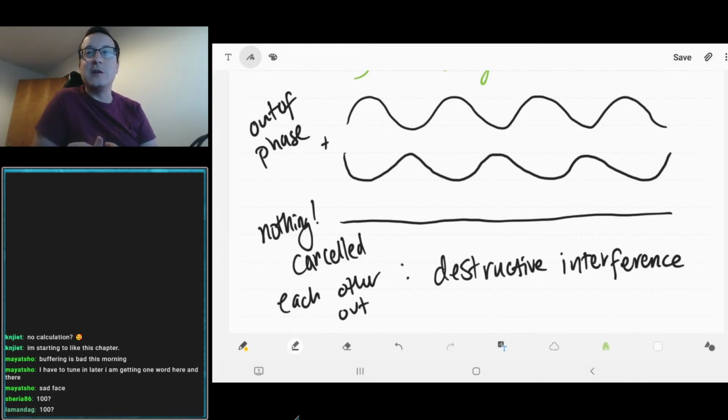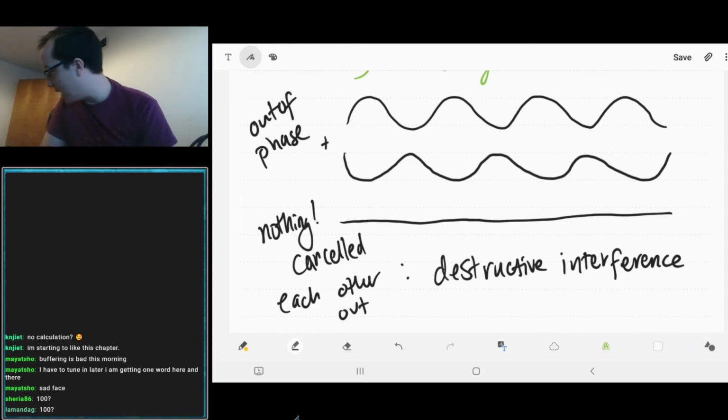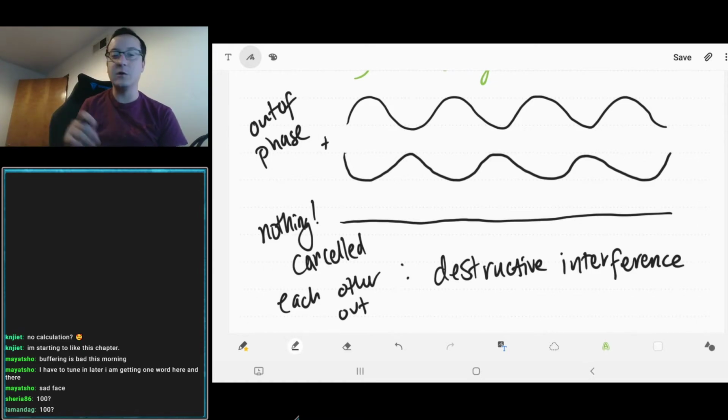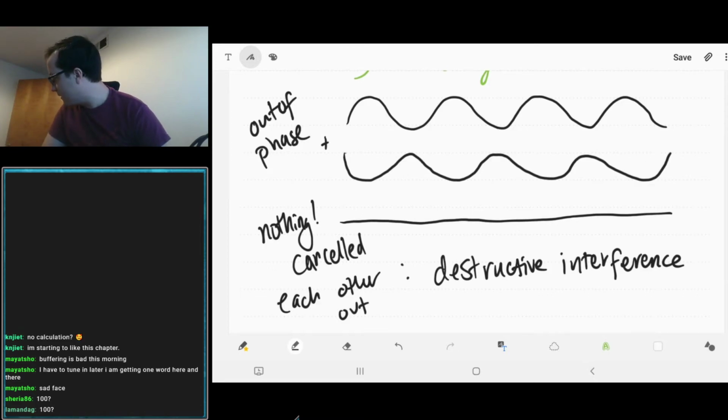As a result, you will not hear anything, or it'll be a lot more muffled, because those two waves combine and cancel each other out. That's how noise canceling headphones work. They generate a wave that has the opposite phase of whatever waves are coming in, and they continuously do this. So it's a pretty cool example of engineering.